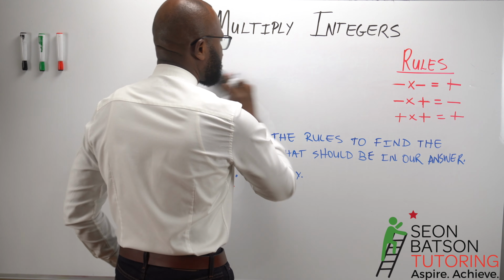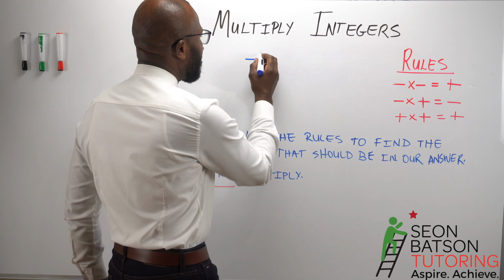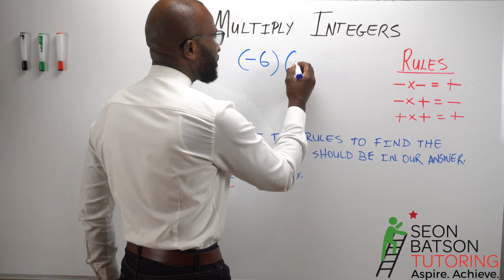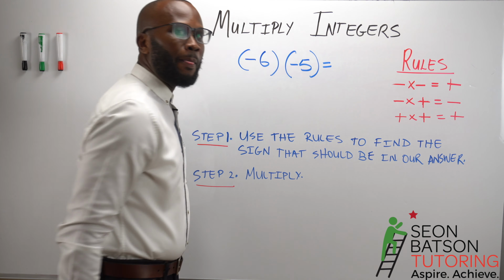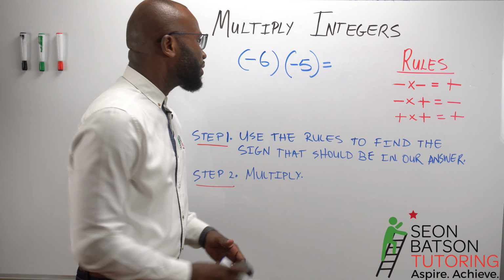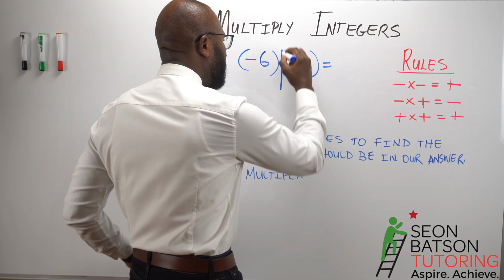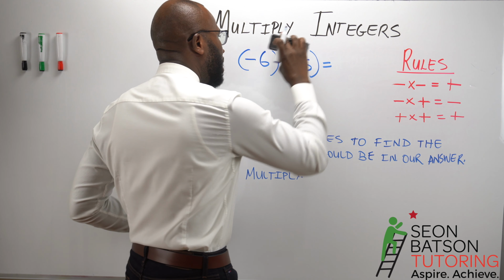All right. Let's say we have a negative 6 times a negative 5. Again, whenever there are no signs between the pair of parentheses, we automatically know that it is a multiplication problem.